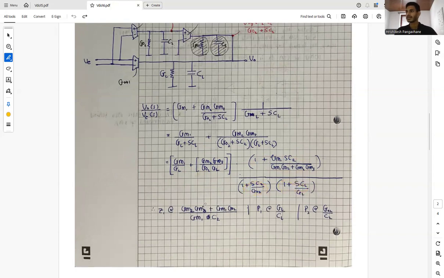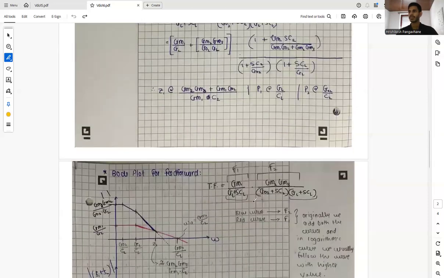From this we can say that we have a zero at this point, our first pole at GL by CL, and our second pole at GO2 by CO2, and all our poles and zeros are in the negative, or left half plane, of our S-plane.